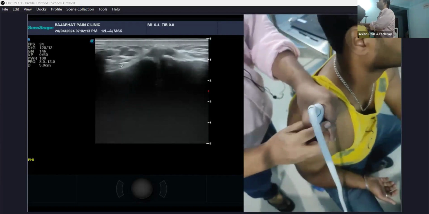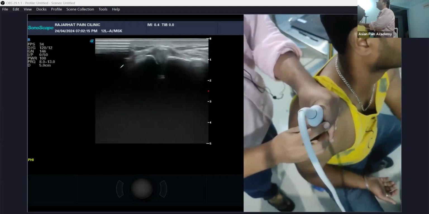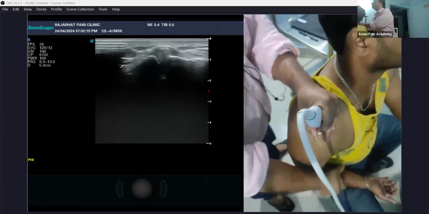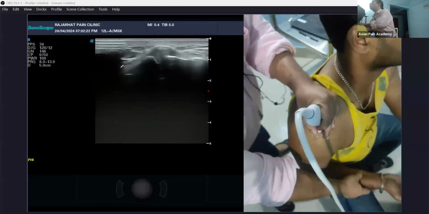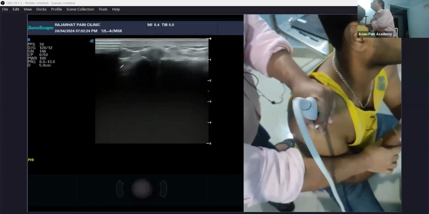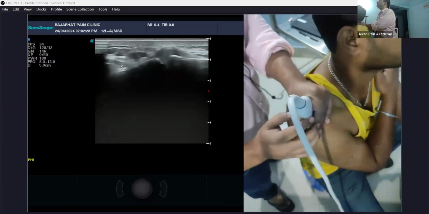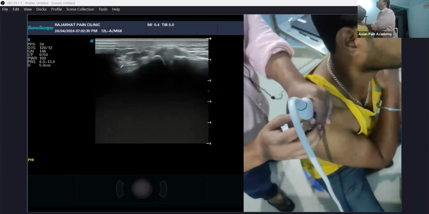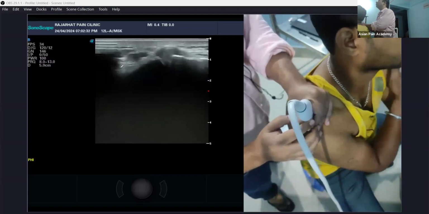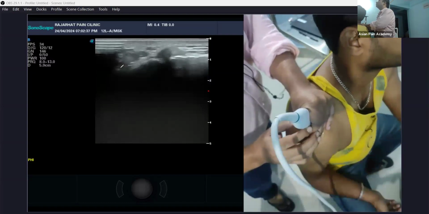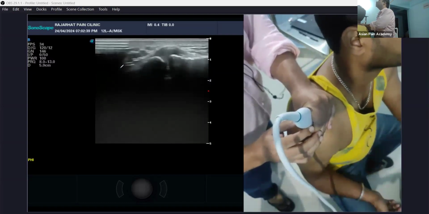Here you see both the bony margins are at the same level. Now I will tell him to touch his opposite shoulder, and I will keep the probe like this. He has touched his opposite shoulder, and you will see the bone remains at the same level. So there is no instability.